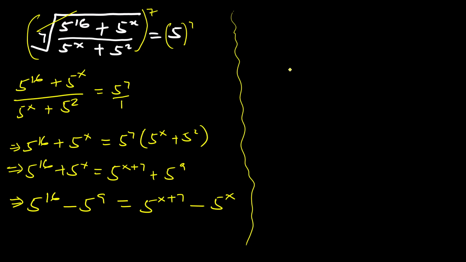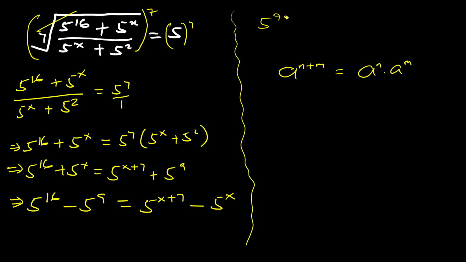In indices, a raised to n plus m is the same as a to the power n times a to the power m. So with this, 16 is the same as 9 plus 7.